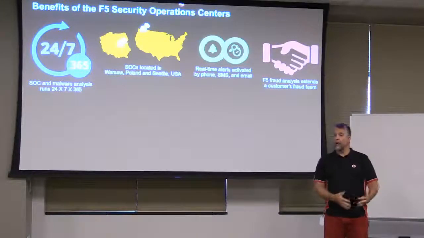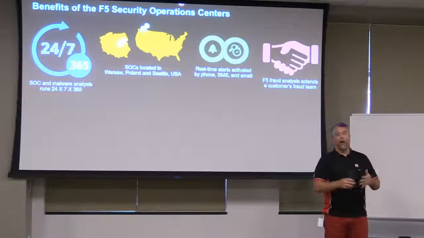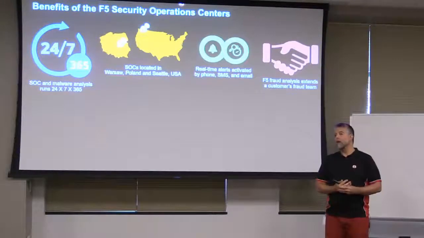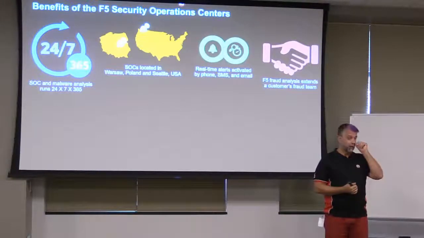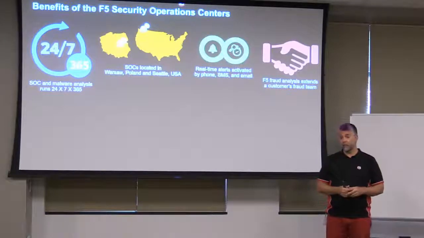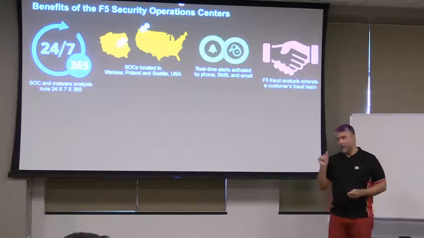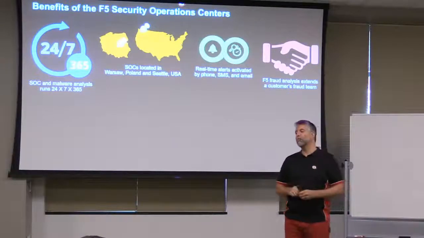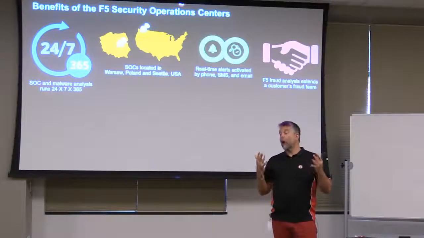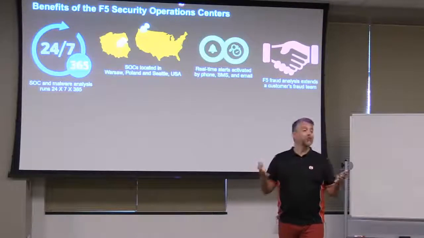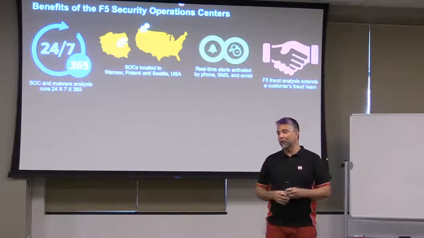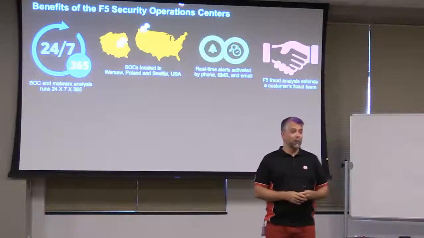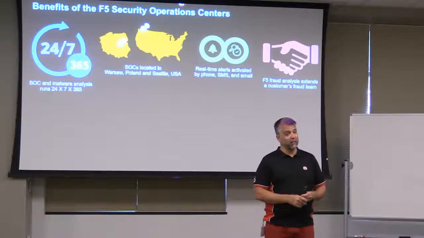So Bank of America has a fraud team, and now we are part of their fraud team using the Security Operations Center. And that brings up an important little sales note about WebSafe. When you're going to go out and talk about ASM, you want to make sure you're talking to the right people at the customer site. In this case, you're going to want to be talking to the application security team.